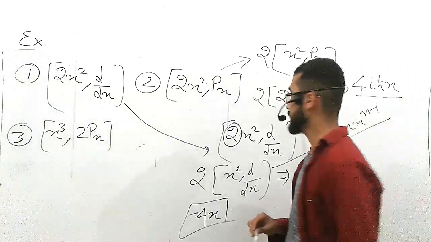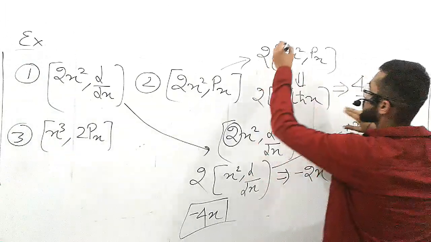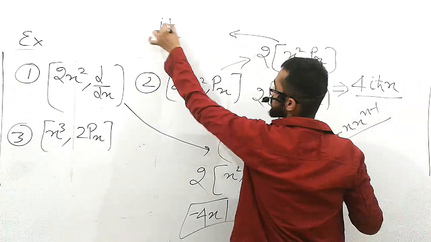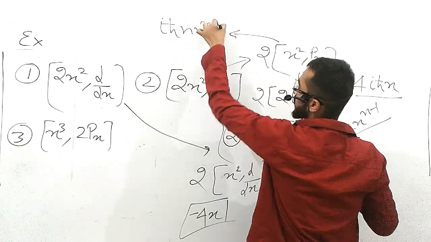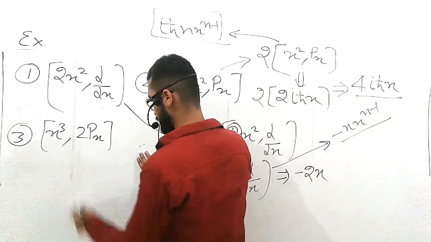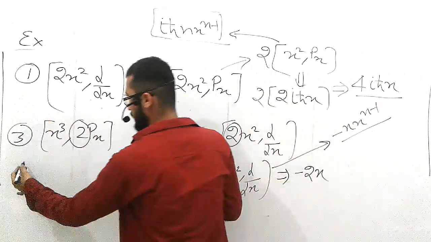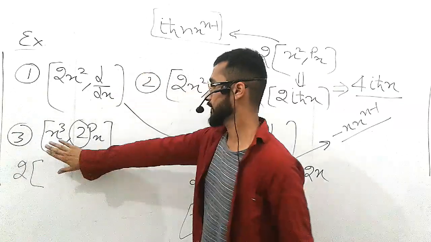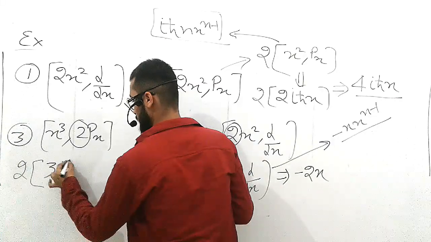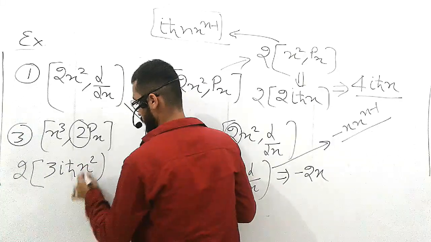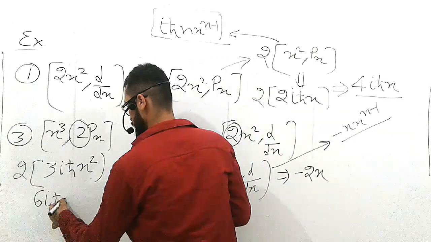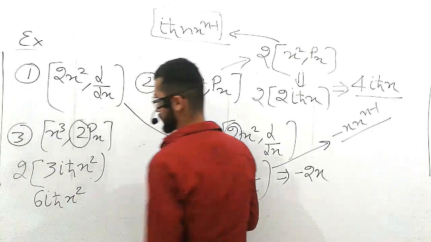Okay, and the basic formula of this is iota h cross n x power n minus 1. Now the third one, I will take the constant outside the bracket and it will be written as 3 iota h cross square, so 6 iota h cross x square.